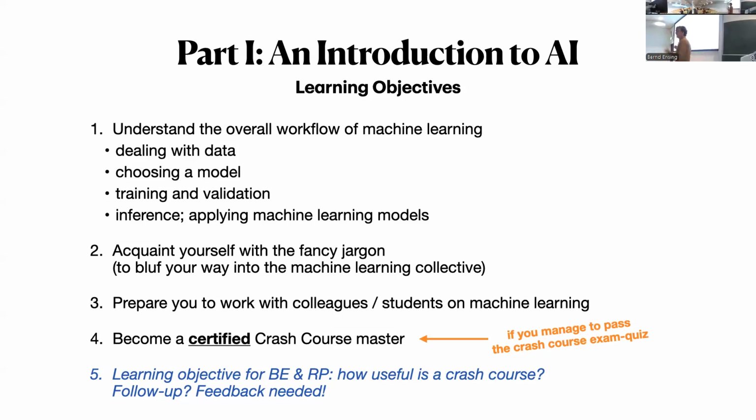And then the last one is actually for Robert and me. This is the first time that we do such a crash course and try in 2 hours to make you all experts in machine learning and chemistry. So it's very ambitious. So we hope to learn a lot as well from this experience, and we'll follow up with a little questionnaire to find out if this was actually useful, if you recommend it to your colleagues, and if you would actually be interested in a follow-up and should we do this more often?